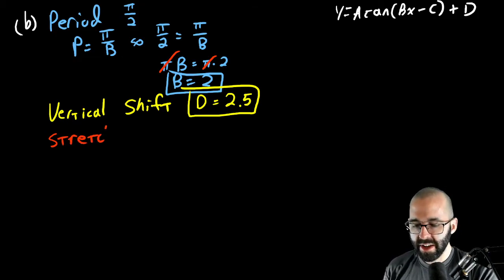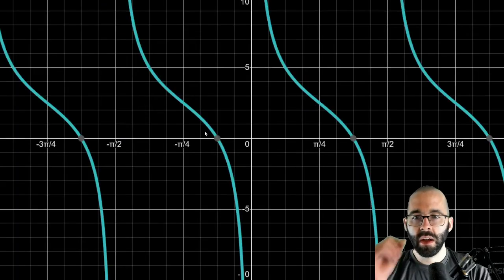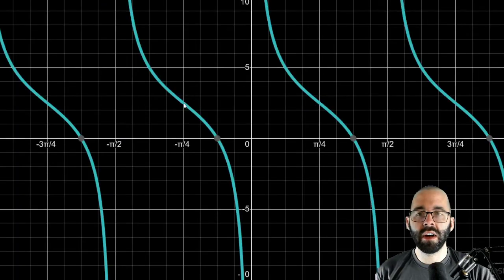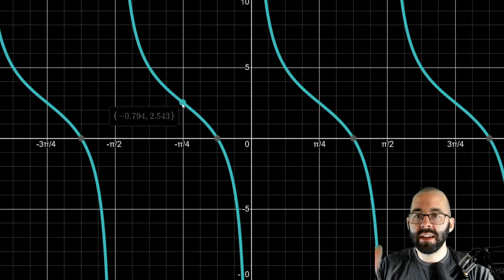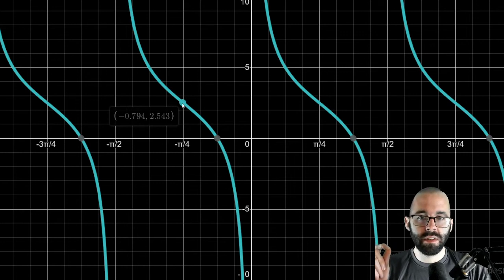So let's look at the stretching factor. And again, stretching factor is the absolute value of A. And that has to do with a couple things. If we start at this middle and go halfway to our asymptote, halfway is going to be an x-coordinate here.